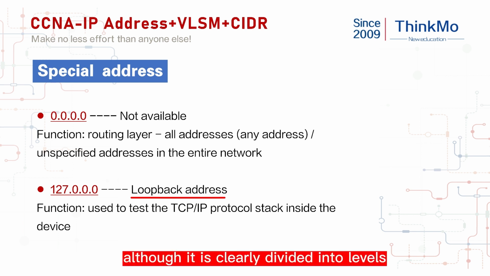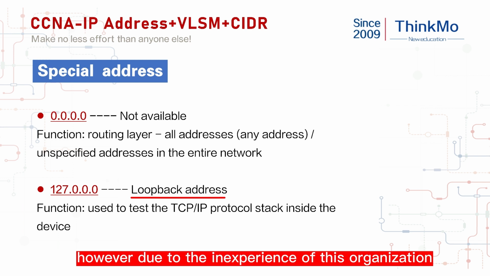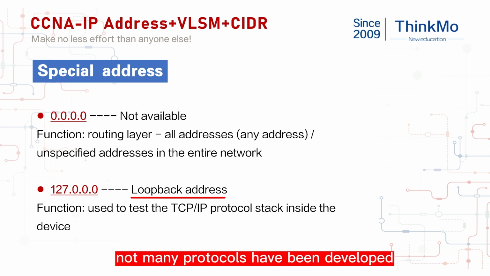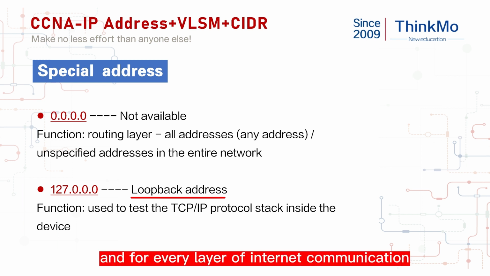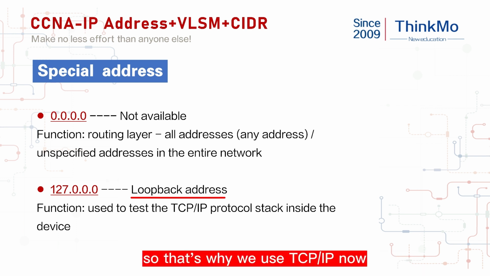Although it is clearly divided into layers, due to the inexperience of that organization, not many protocols were developed, and there was no organizational framework supporting it. TCP/IP has a longer history and was developed earlier, and for every layer of internet communication it developed a corresponding protocol. So that's why we use TCP/IP now.